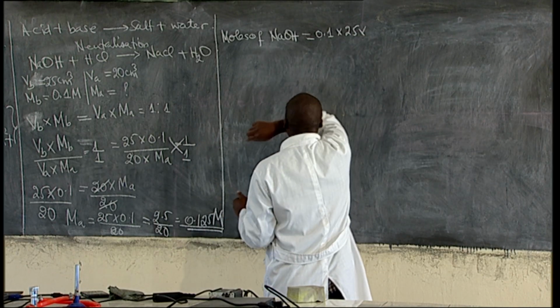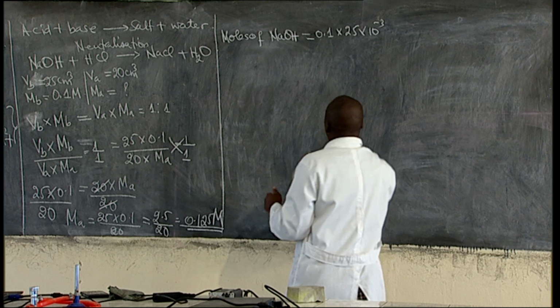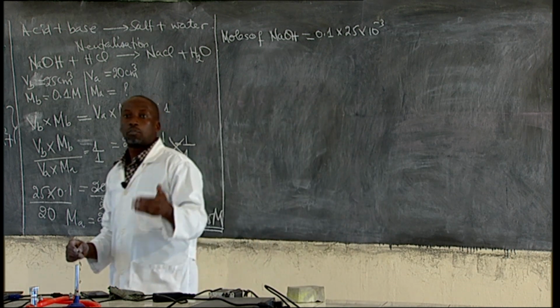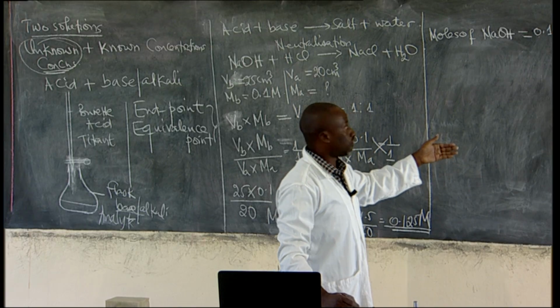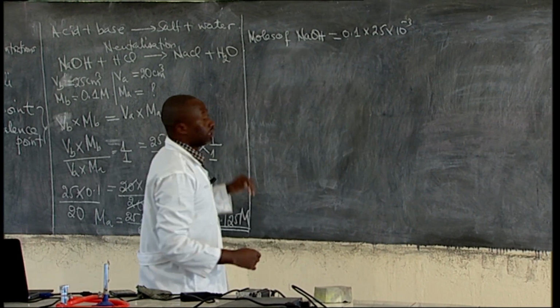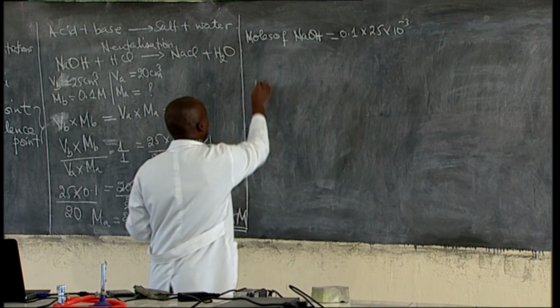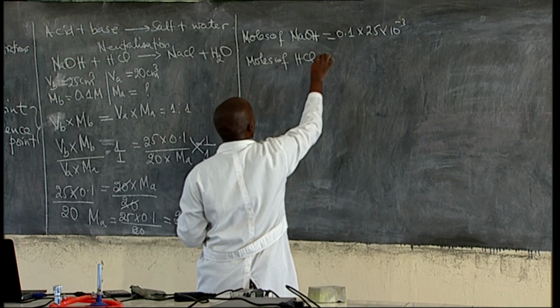Then times 10 to the power negative 3. That is the number that will give you the number of moles of sodium hydroxide. So you get the moles of HCl.